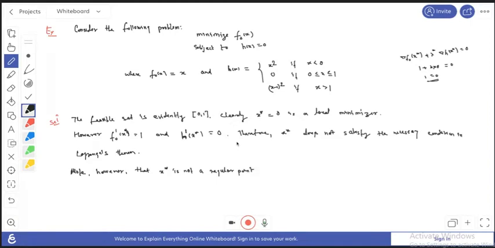If your point is not a regular point, then this theorem doesn't apply. So this is not a regular point, which is why Lagrange's theorem does not apply here.